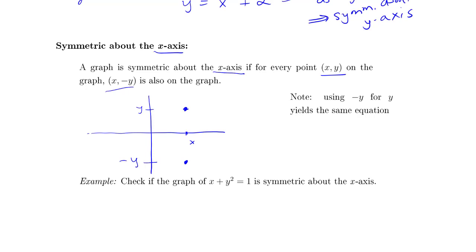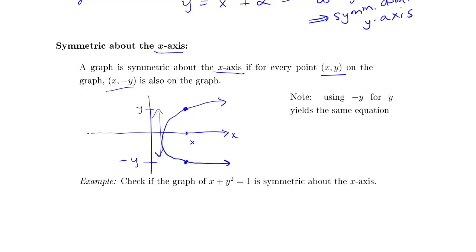Something like this would be symmetric about the x-axis, because it's a reflection about the x-axis. It looks the same on top and on bottom. That's another way of saying that if (x, y) is there, then (x, negative y) is there.